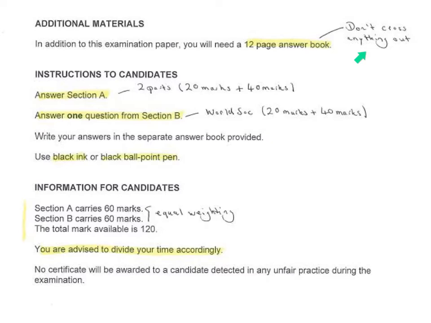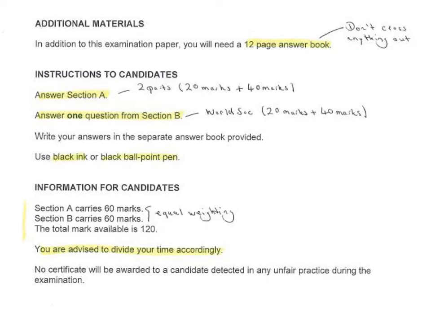Also, when you have finished a particular question, start the next question on a new page. The advantage of doing that is if you have any time left at the end of the exam, and you've got some space underneath a question and you can think of some additional information to include, then it's easy to add it if you've left a gap between each question.